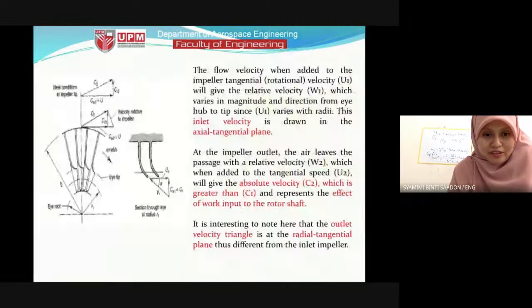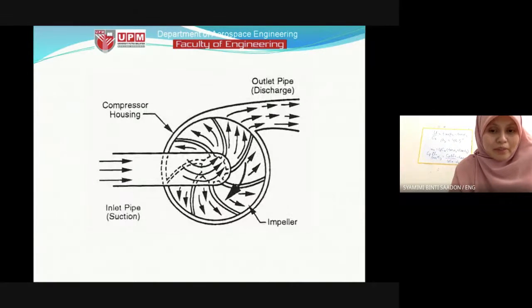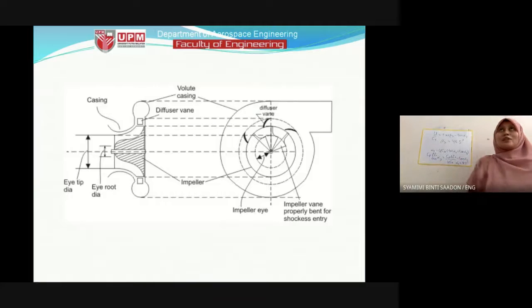This one. This is the centrifugal compressor, not axial. So remember, other than the velocity triangle, we have to remember how to calculate the mass flow rate, especially the area part, which depends on how the fluid flows.